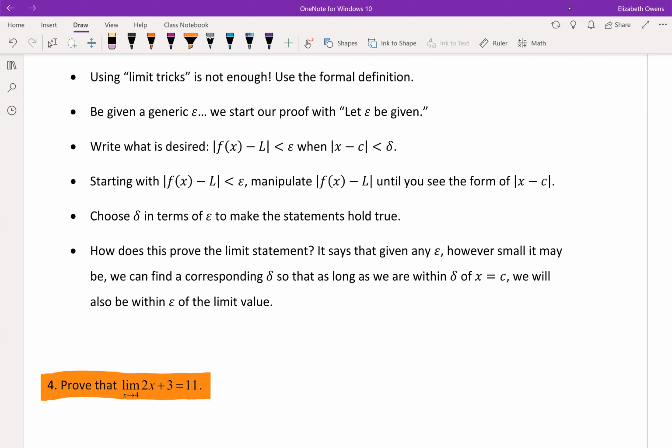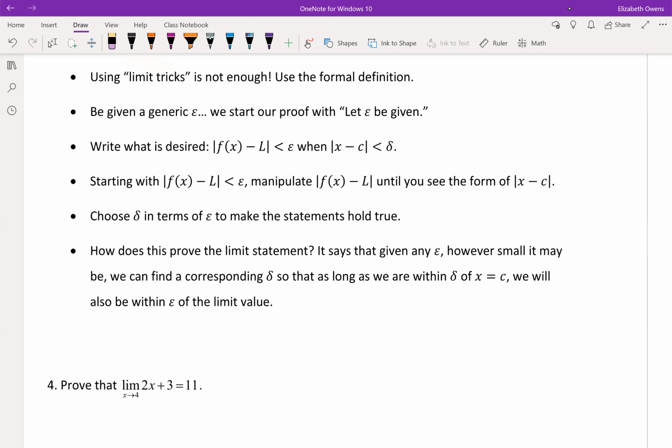We know that that limit is actually 11 if we just do a little direct substitution really quickly. Plugging in x equals 4 into our function here, you'd get 2 times 4 is 8 plus 3 gives us 11. So using a limit trick like that is not enough to do this type of problem.